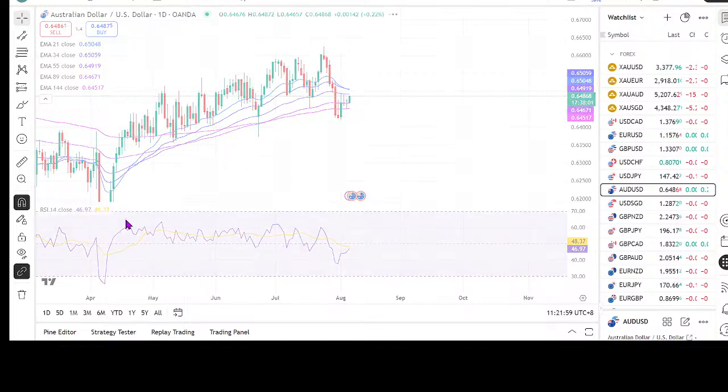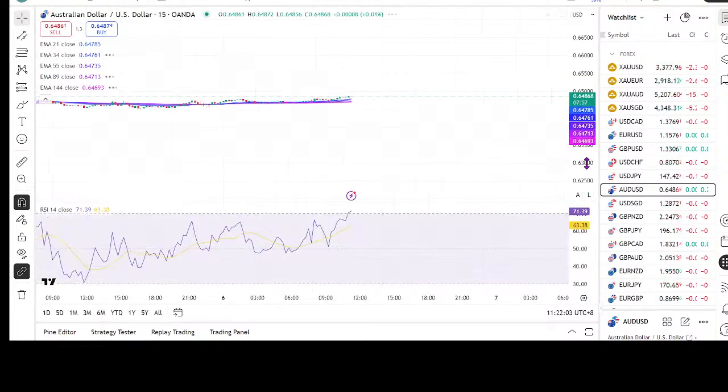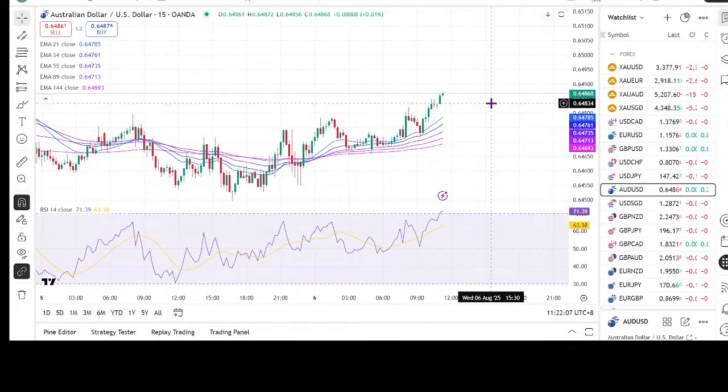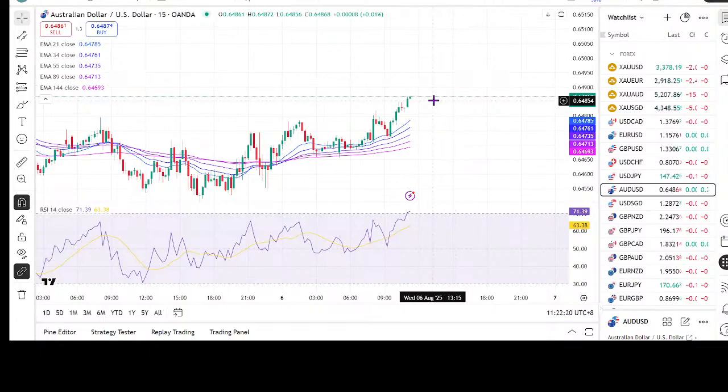Your 6 hours is showing some strength. So we will go for a buy slightly, and I don't want to go for any add-on entry. So we'll go for a buy at 64.85, and stop at 60 and TP at 65.10.